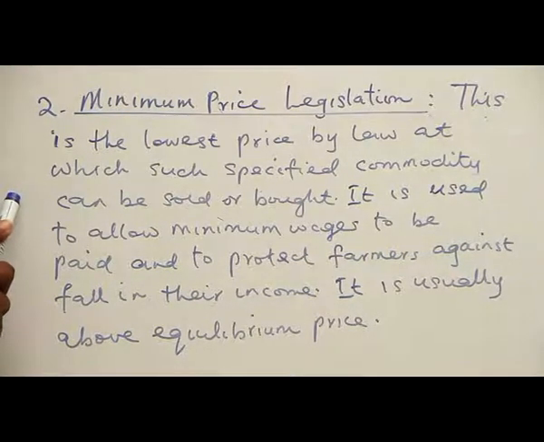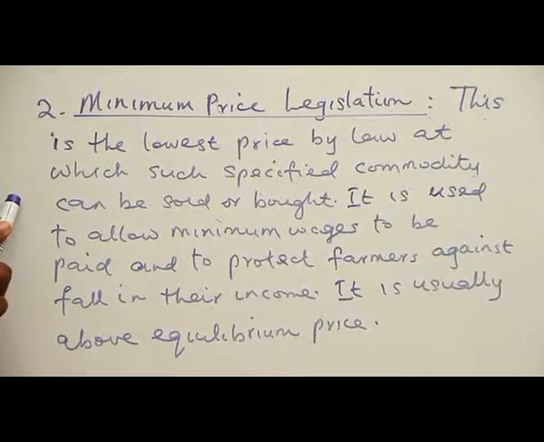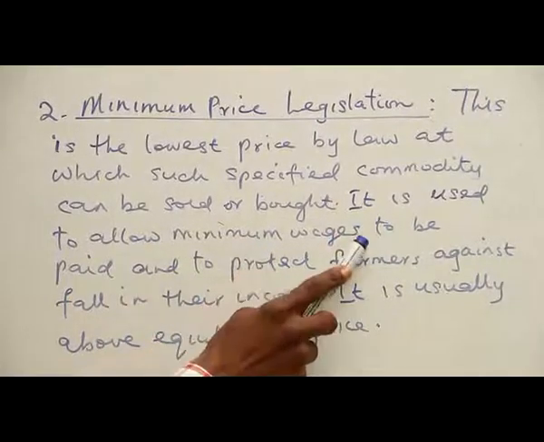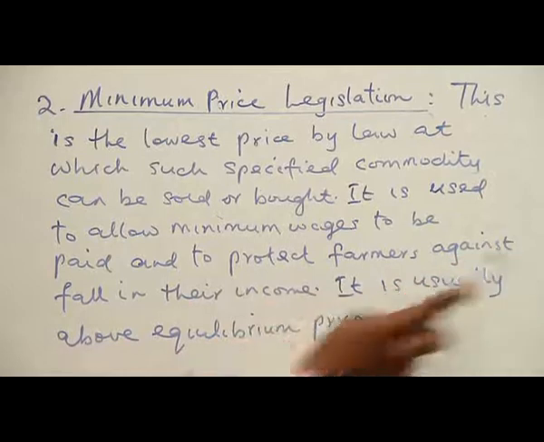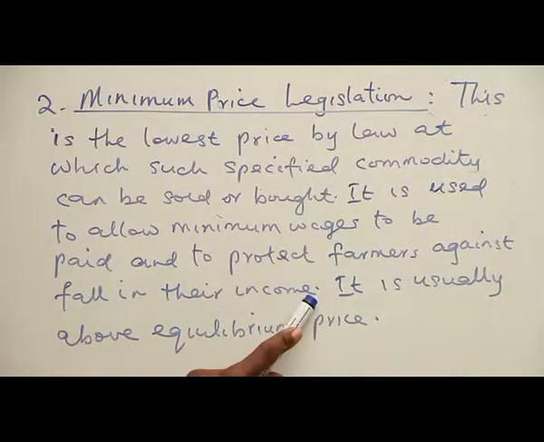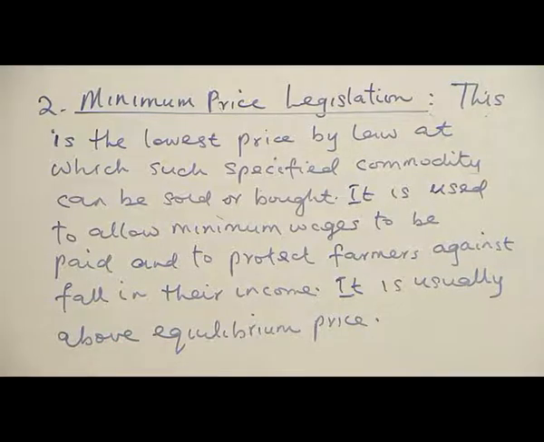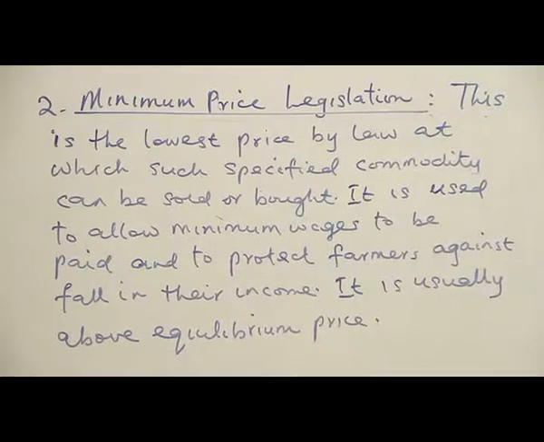Not only that, maybe determining the wages and salaries to be paid to employees. So that's why I said it is used to allow minimum wages to be paid and to protect farmers against a fall in their income, because some people would like to buy products from farmers at the lowest price.